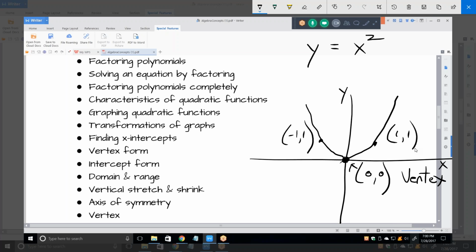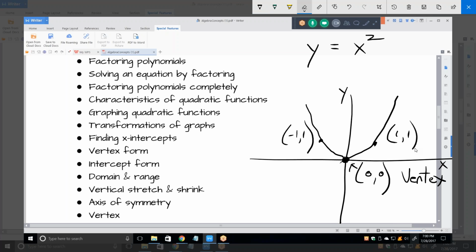Notice that the minimum y value is 0. Y is never negative, no matter what x is. I can plug in any number I want for x. If I plug in -2 for x, then y is 4. That's why this graph looks the way it does: there's no number you can plug in for x that would make y negative.